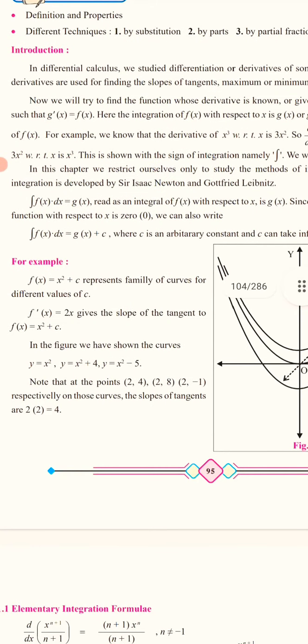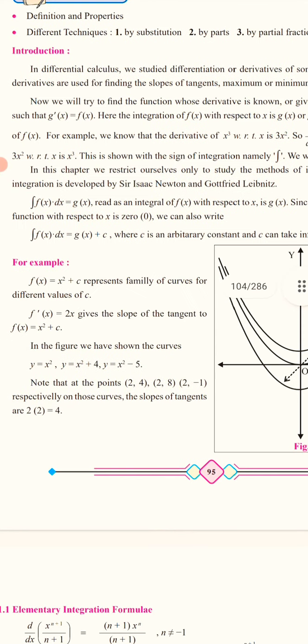For example, f of x is equal to x square plus c represents a family of curves for different values of c. F dash x, taking the derivative, that is the derivative of x square, is 2x, which gives the slope of the tangent to f of x, x square plus c.